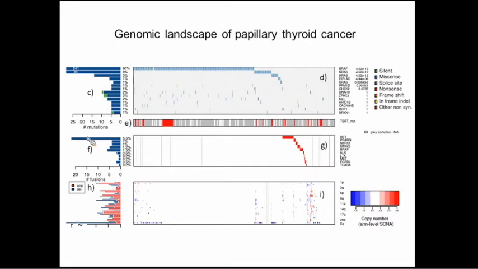The most common change is actually a mutation in BRAF, as many of you know. This is present in about 60% of all papillary thyroid cancers. Second most common are mutations in the 3 RAS genes, with NRAS mutations being the most frequent among these. And then there are a number of receptor tyrosine kinase fusions or other fusion events, including fusions of RAF kinase itself. And as you can tell, each of these essentially does not overlap with any other.